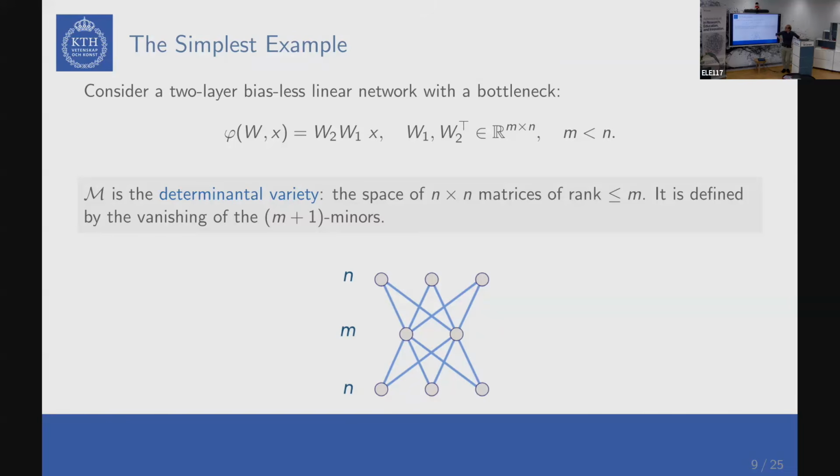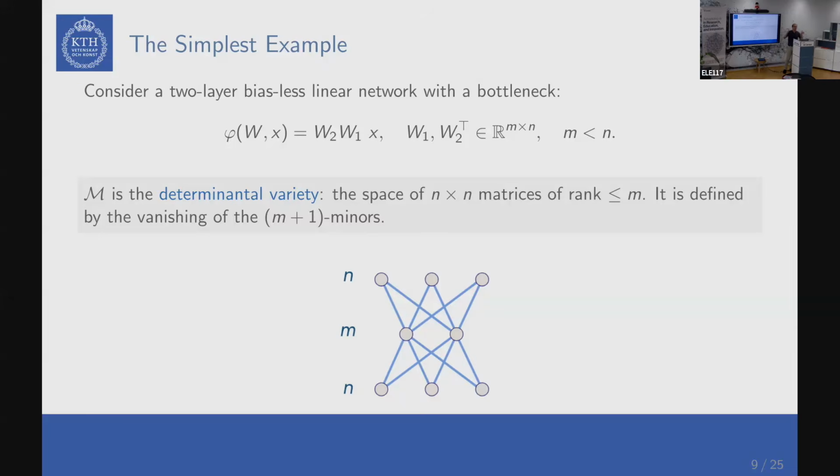Okay, but this space is also very studied in algebraic geometry. It's called the determinantal variety. Just to show that it is an algebraic variety, we need to look for polynomial equations defining it. The space of rank at most m matrices can be defined by the simultaneous vanishing of all the m+1 minors.